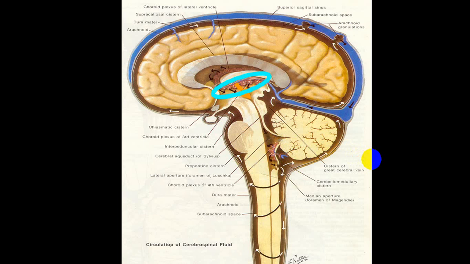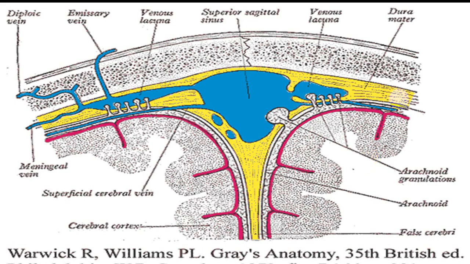You can see now it is from the lateral ventricle, it has come into the third ventricle, from the third ventricle into the fourth ventricle, then comes out via the foramen of Luschka and Magendie into the subarachnoid space. It will circulate surrounding the spinal cord and then it will ascend up, and at the arachnoid villi it will be absorbed back into the superior sagittal sinus. So these are called arachnoid granulation or arachnoid villi.